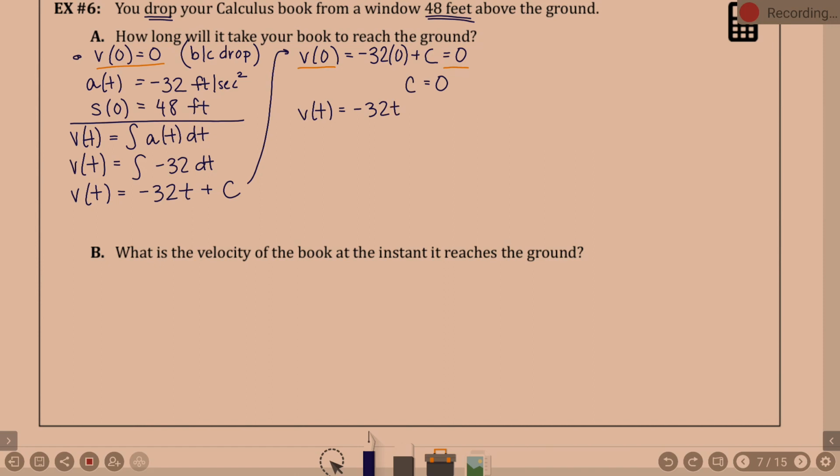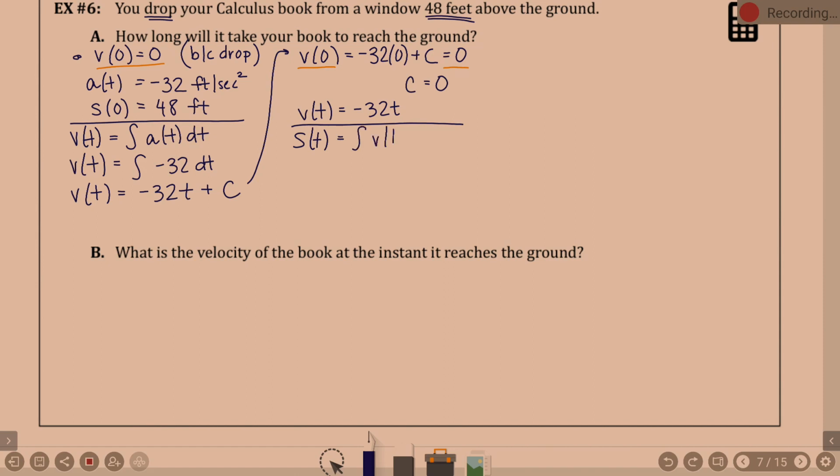Now, the next place we need to go with this is position. How do you find position? It is the integral of velocity. So I'm going to use S. S of t is the integral of velocity.